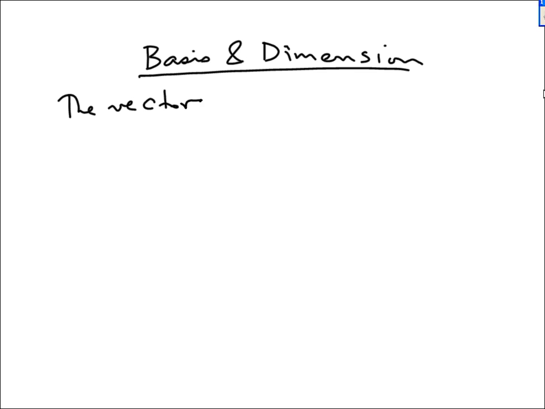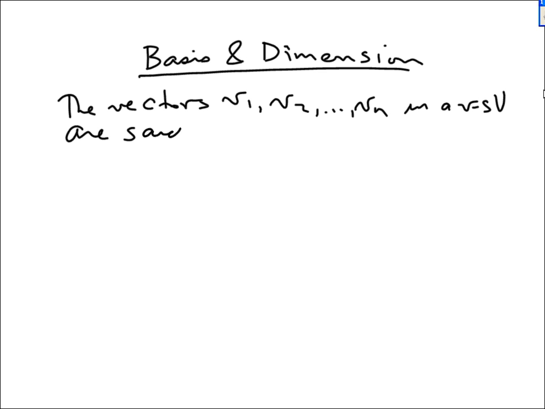The vectors v1, v2, up to vn in a vector space V are said to form a basis for V if the following two conditions are met.